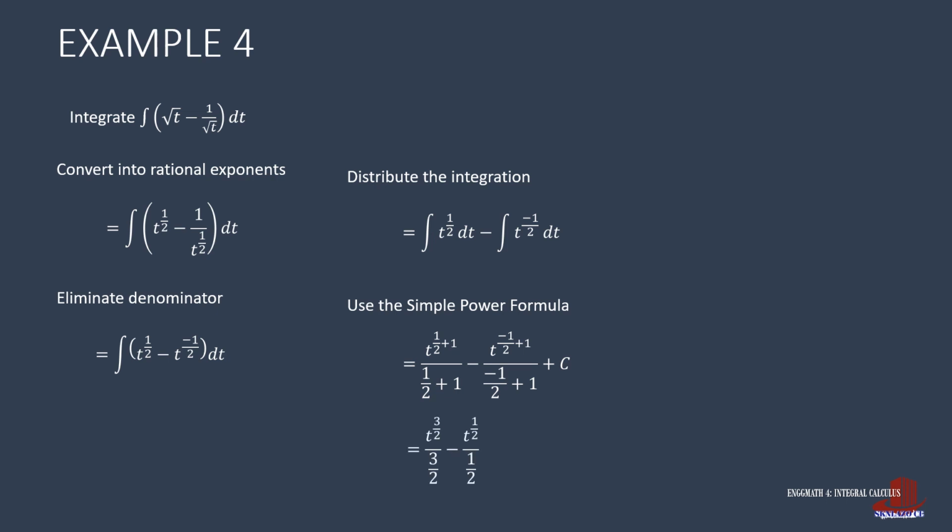Combine coefficients and exponents to have t raised to 3/2 over 3/2 minus t raised to 1/2 over 1/2 plus c. Then finally, flip the denominators to have the integral of the function as 2/3 of t raised to 3/2 minus twice of t raised to 1/2 plus c.